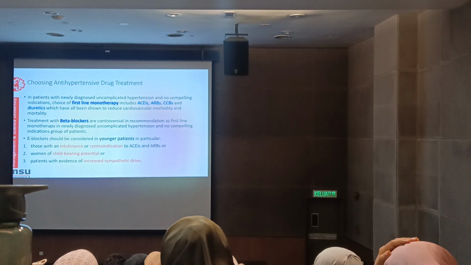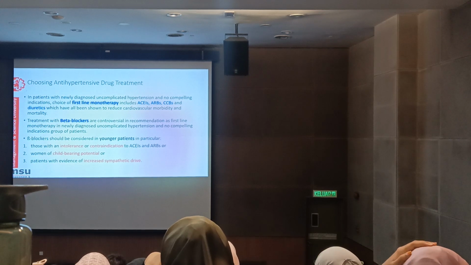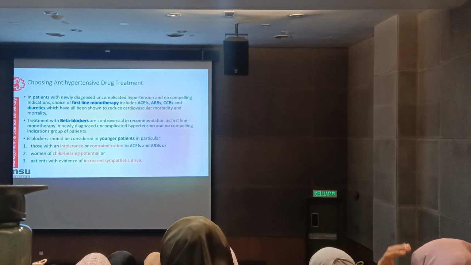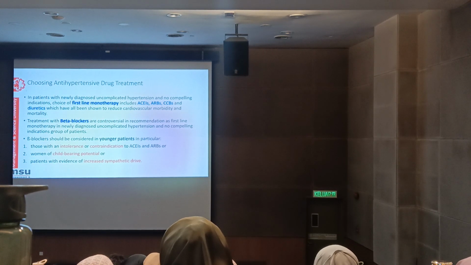So what we can see, the patient is newly diagnosed, just diagnosed with hypertension and uncomplicated hypertension with no compelling indication, we have to start with first line monotherapy. So from this statement, we have to identify the first line monotherapy of antihypertensive drugs.